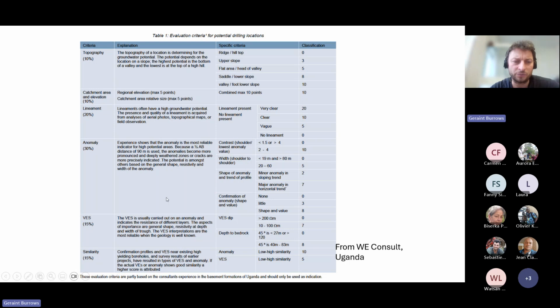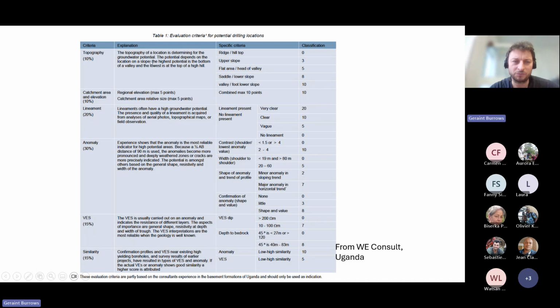This is touching a little bit on a question that was asked earlier. This was produced by We Consult in Uganda, but it's a very useful table for providing a little bit of a scoring system about how to grade anomalies found in constant separation traverses.